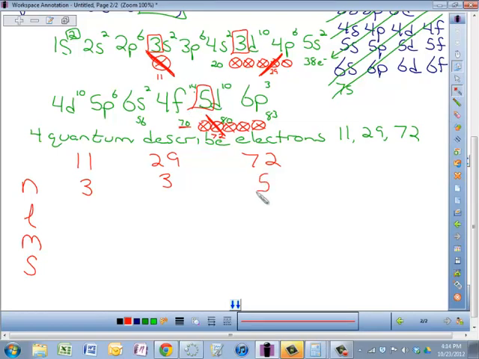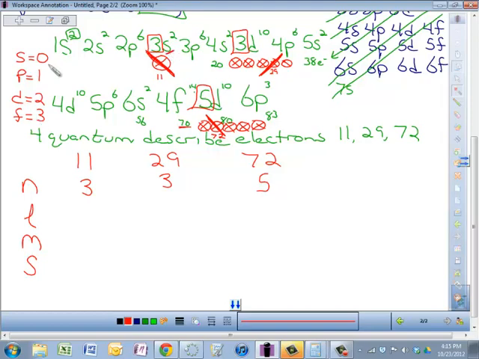Now, l was your sublevels. Okay? Again, when you remember sublevels, s, p, d, and f. s was a 0, p was a 1, d was a 2, f was a 3. So when I look up here, number 11 is in the s sublevel.